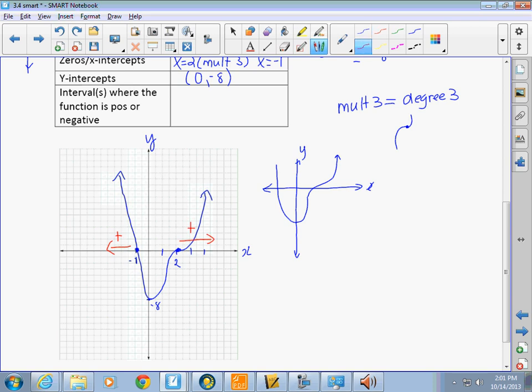My negative occurs in between these points. So positive intervals are at x is less than negative 1 and at x is greater than 2. Negative interval occurs in between there, between negative 1 and 2. So that's it. It's done.